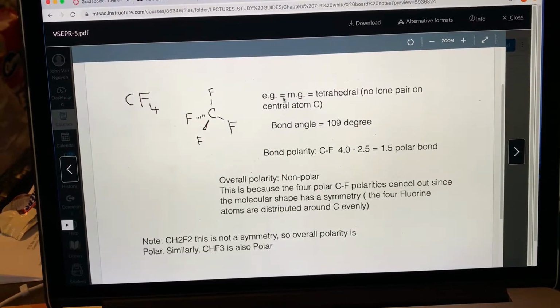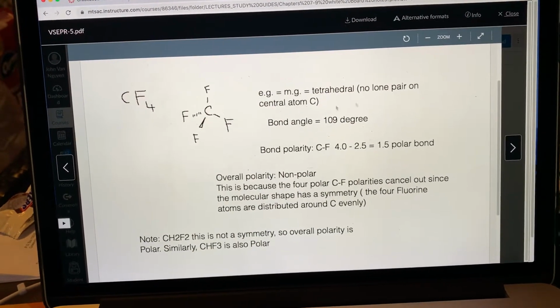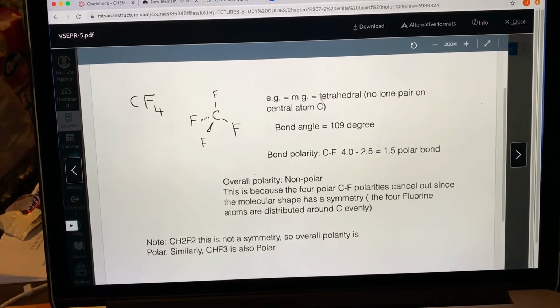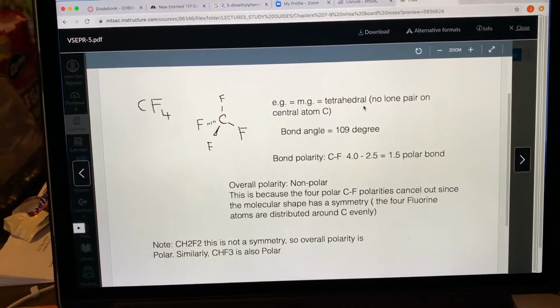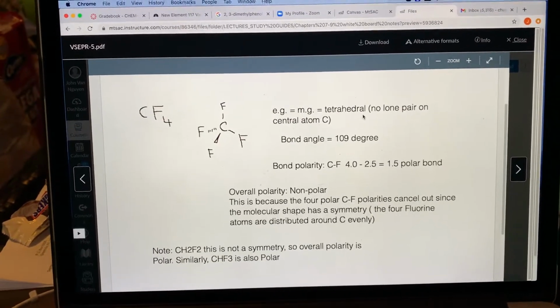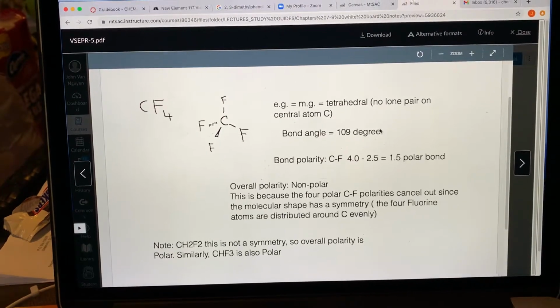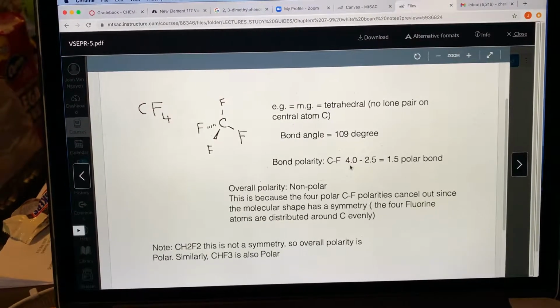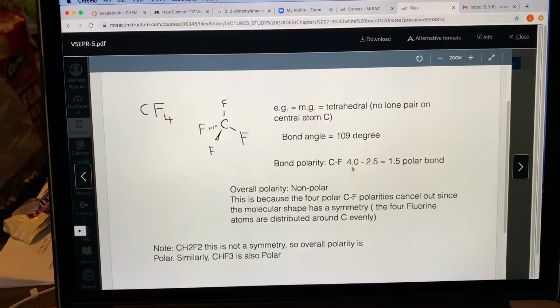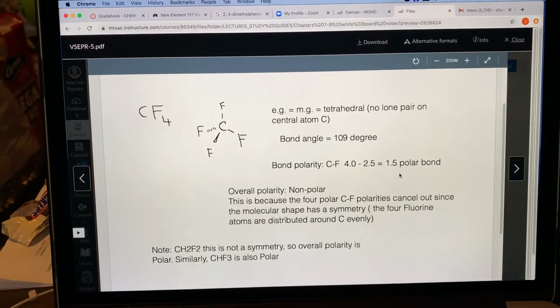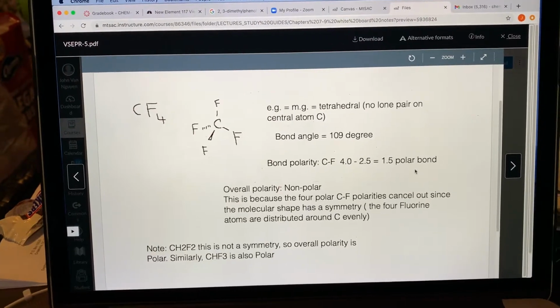Electron geometry and molecular geometry are the same because central atom carbon has no lone pair, and that's a tetrahedral. If you look at the chapter 8 VSEPR table again, bond angle, it tells you in there 109 degrees. Bond polarity is the difference, so I would take F, which is 4.0, minus 2.5, which is carbon, gives you 1.5. That bond is very polar.